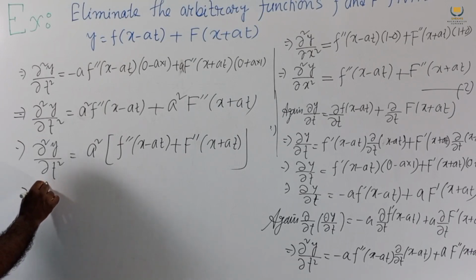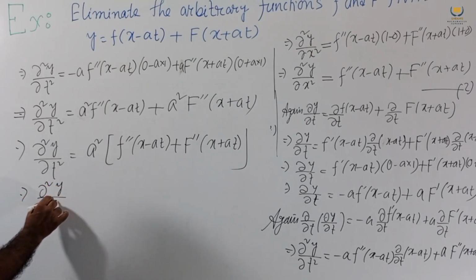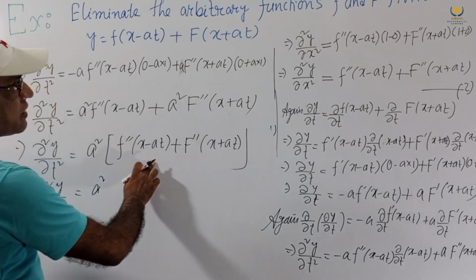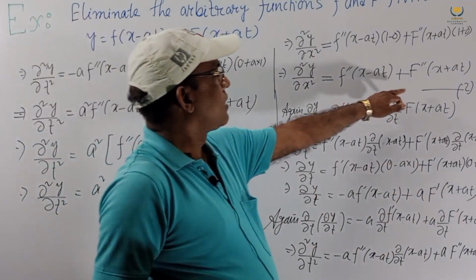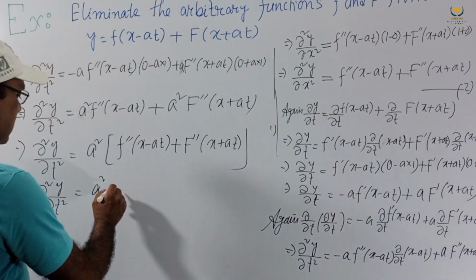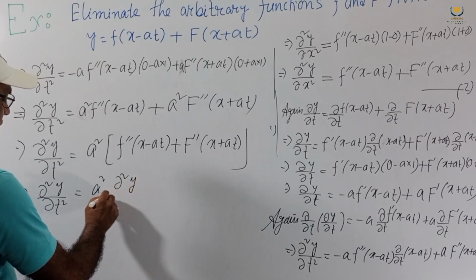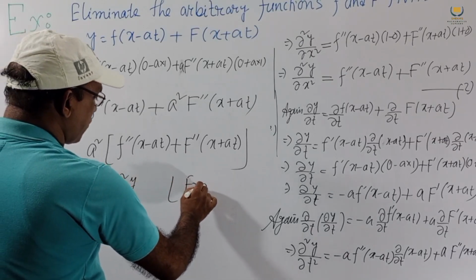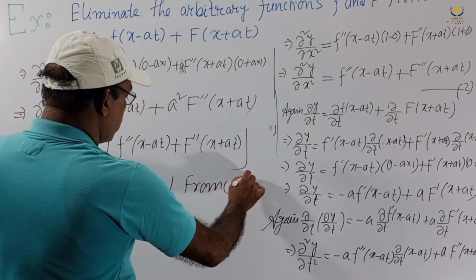So this implies ∂²y/∂t² = a² times the bracket, which from equation 2 means ∂²y/∂x². So we get this result from 2.